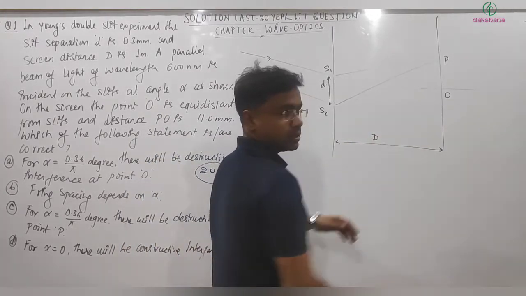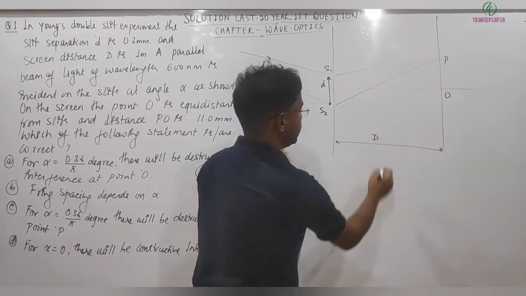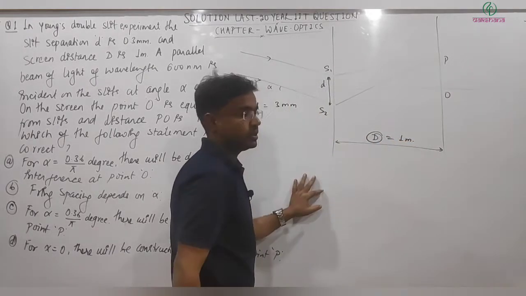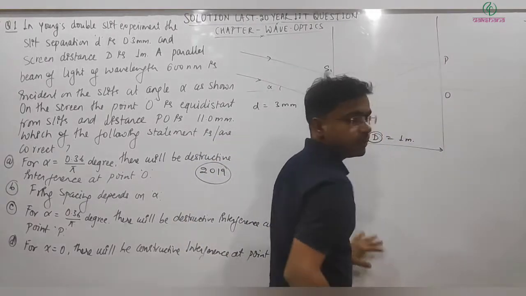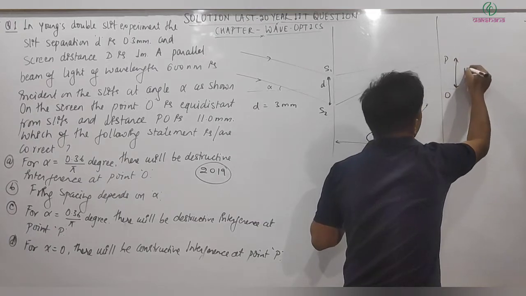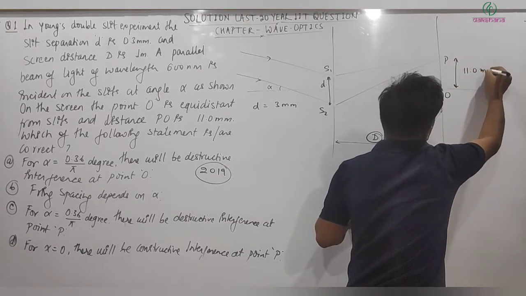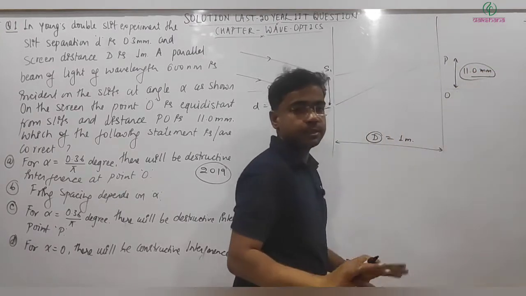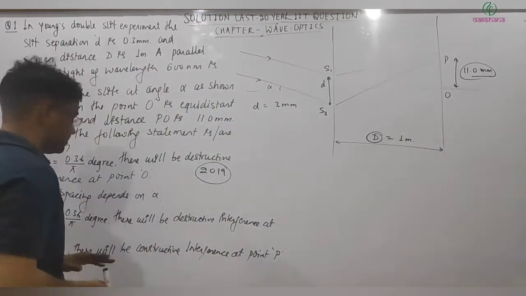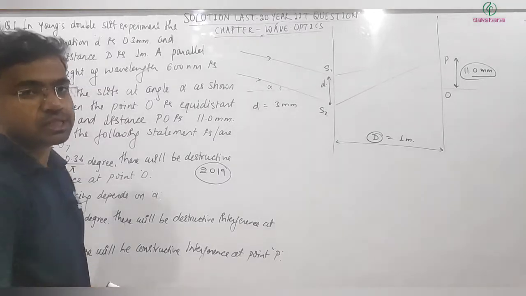O is the center of the screen, and the screen is placed at a distance capital D equal to 1 meter. P is one point on the screen and this distance is also given, 11 mm. This is the information, and for different values of alpha we are given some options and we need to check which is right.